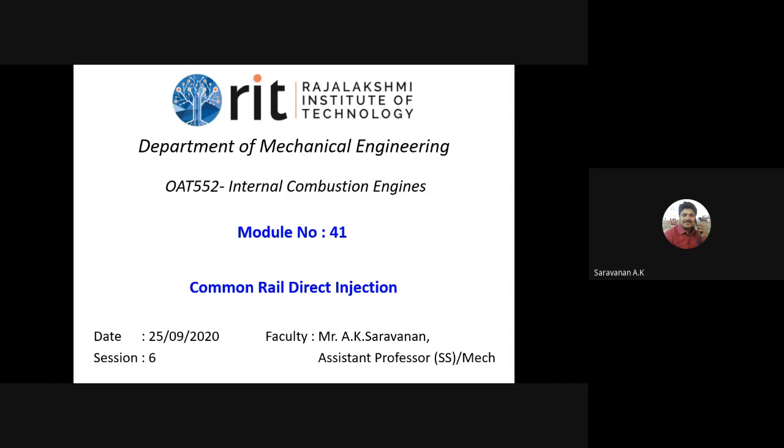But the common rail direct injection system distributes the fuel at a pressure of about 1600 bar. So here we can generate the high pressure, right? So we have to supply the high pressure fuel into the engine cylinder through the injectors.